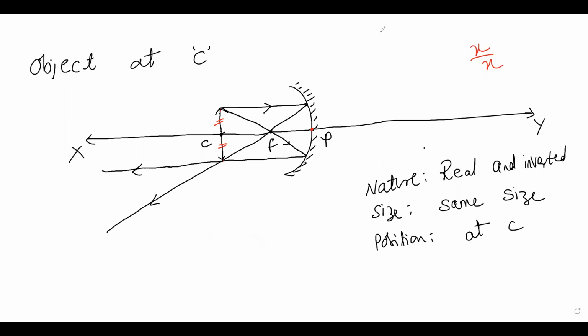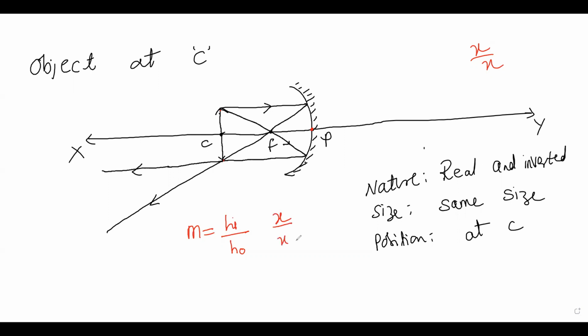ध्यान से देखिए. If you want to know the magnification at this point, you can find the magnification. The magnification is nothing but height of the image by height of the object. Both are having same size. That means object size is equal to image size. That means both the numerator and denominators are equal.